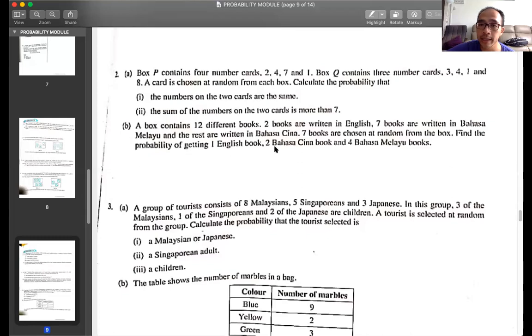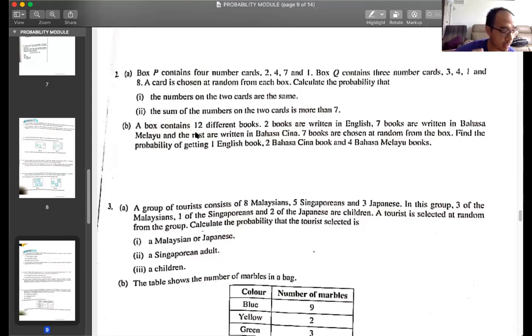Okay, so in the case of 2b, everyone can see this, right? First you have to remember that out of 12 books, you're only choosing 7. So if you're choosing 7 books, this 12C7, that's our sample space.